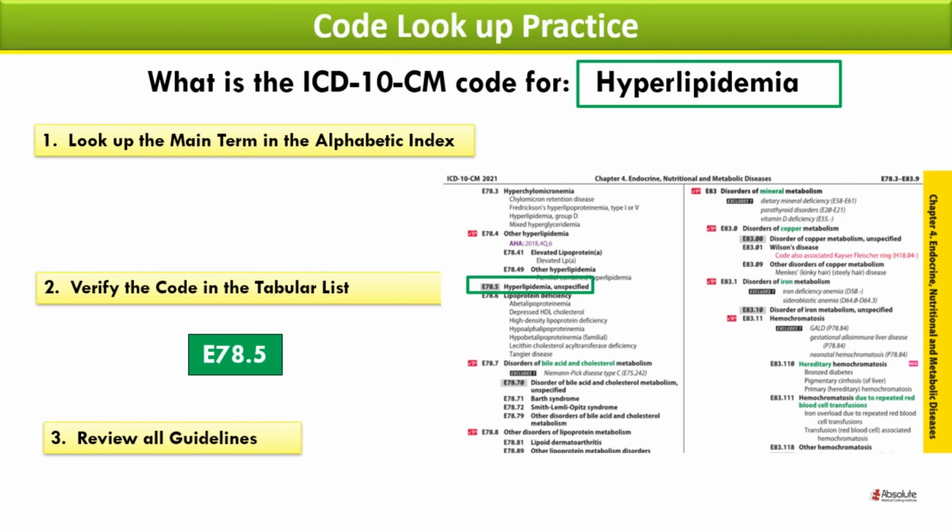We'll learn them during our next presentation, but for now, if you see any guidelines at the top or bottom of the code, then if it applies, you assign the guideline. But for now, we don't have any guidelines, so that means E78.5 is our code.